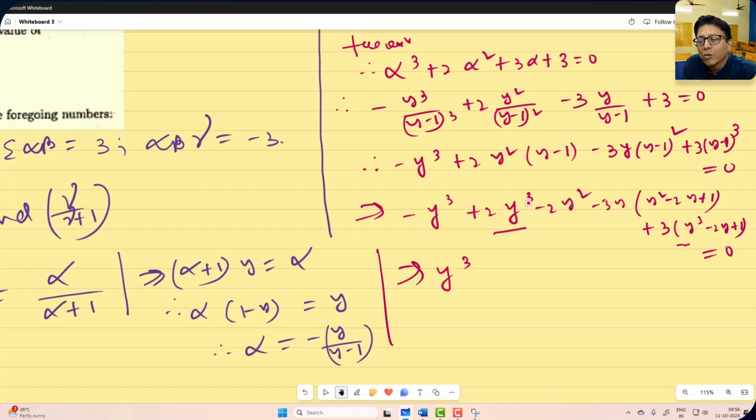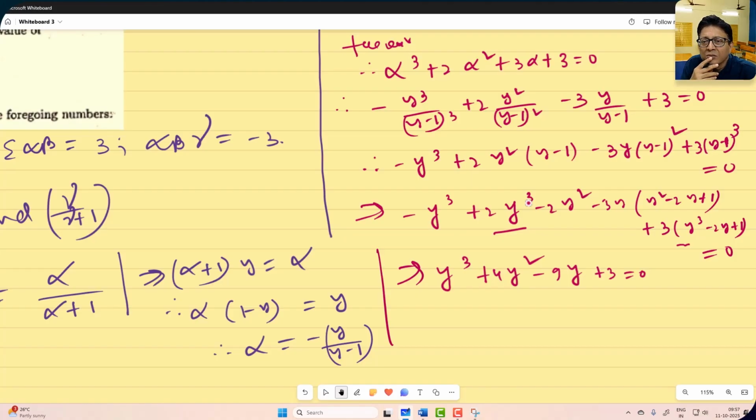Y square, where is it? It is 6y square minus 2y square, 4y square, and y minus 3y minus 6y, that is minus 9y, plus 3 equal to 0. Alright, 2y cube minus 3y cube minus y cube, that calculation you must have understood.